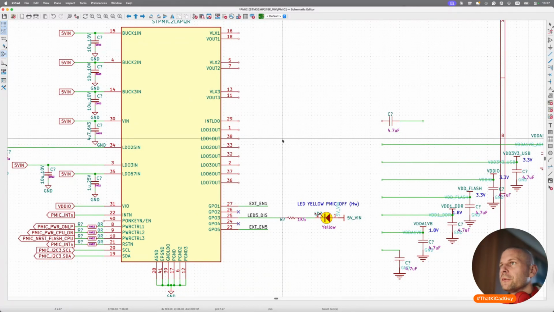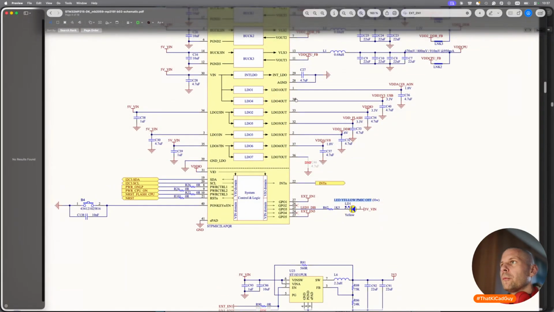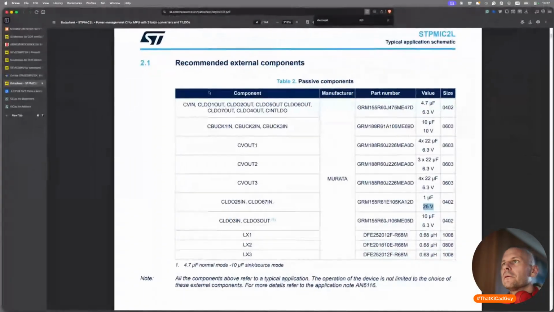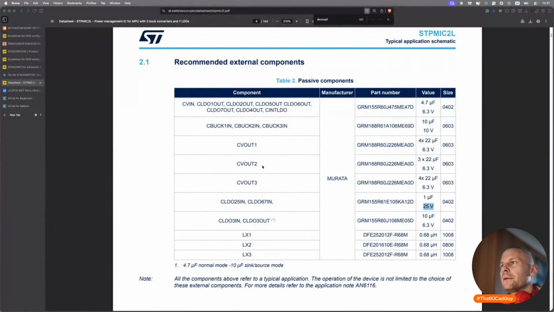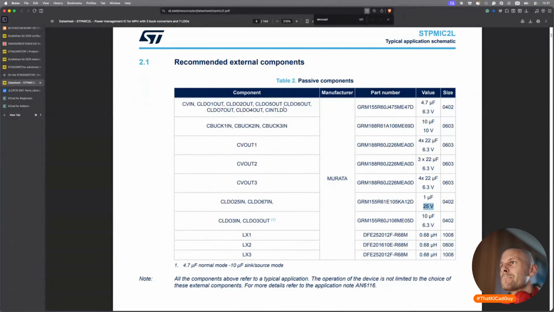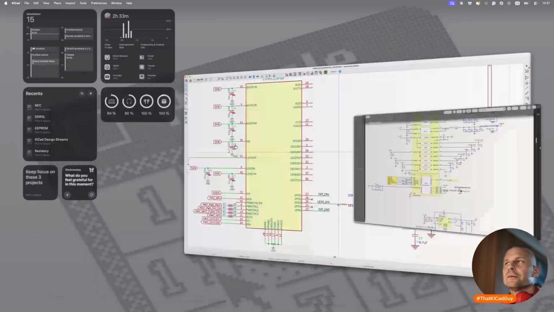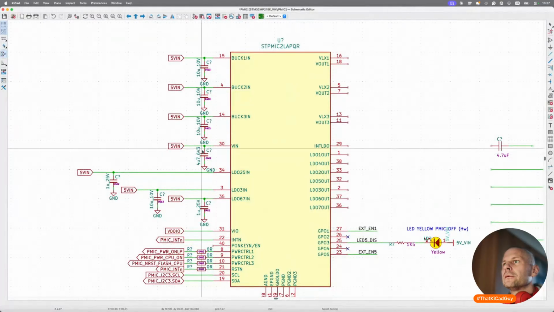For micro 7, no, probably the data sheet, and that's INT LDO output. INT LDO 4.7 micro per 6.3.